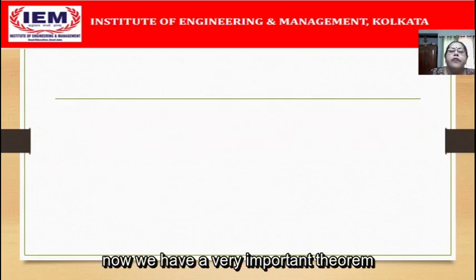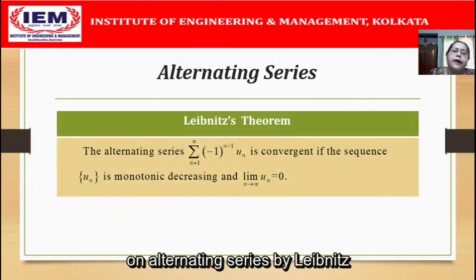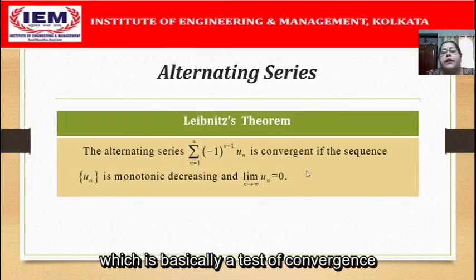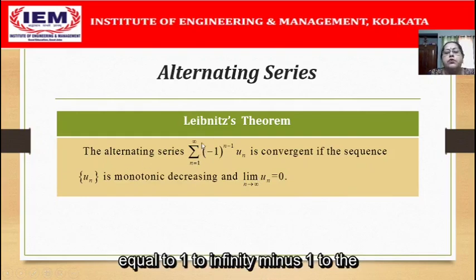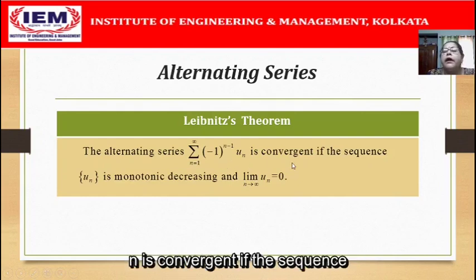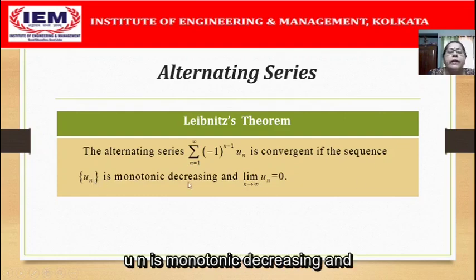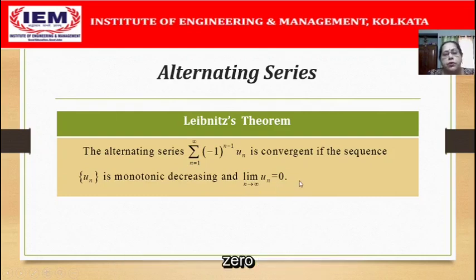Now we have a very important theorem on alternating series by Leibnitz, which is basically a test of convergence. So what does it say? The alternating series summation n equal to 1 to infinity minus 1 to the power n minus 1 un is convergent if the sequence un is monotonic decreasing and limit n tends to infinity un equal to 0.